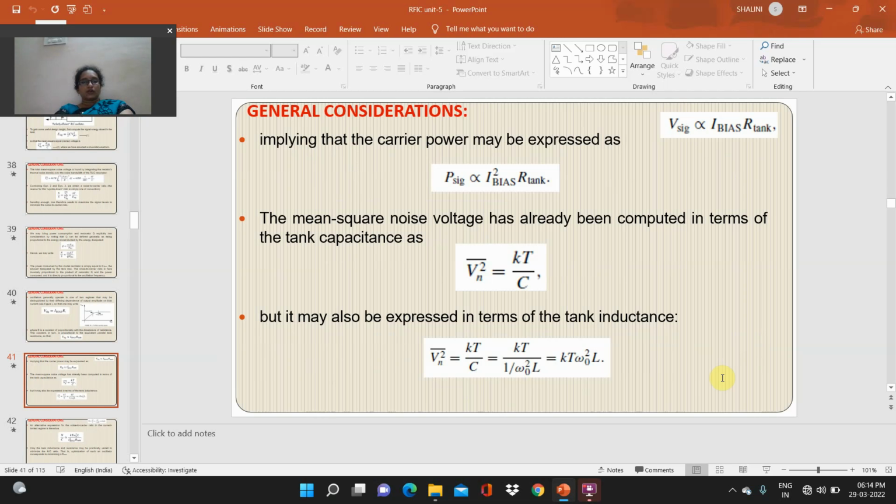The mean square noise voltage has already been computed in terms of the tank capacitance as Vn square is equal to kT by C, but it may also be expressed in terms of the tank inductance. Vn square is equal to kT by C is equal to kT by 1 by omega naught square L, equal to kT omega naught square L.